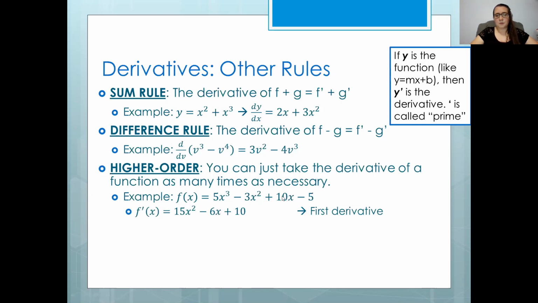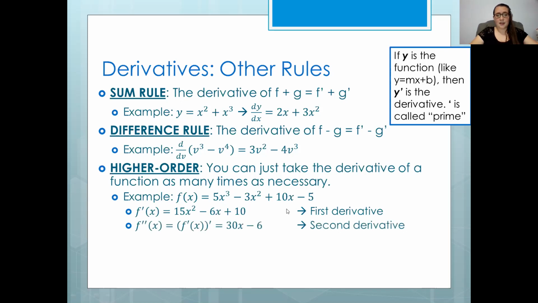Here, we multiply the coefficient by the exponent, which just gives us 10. When we subtract 1 from the exponent, we get x to the 0. Anything to the 0th power is 1, so we're left with just 10. And remember, the derivative of a constant is always 0, so there's just this implied minus 0 that we didn't bother to write in here. But this would be our first derivative of this function.